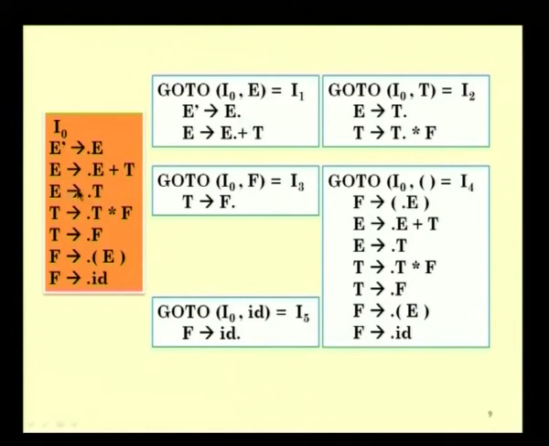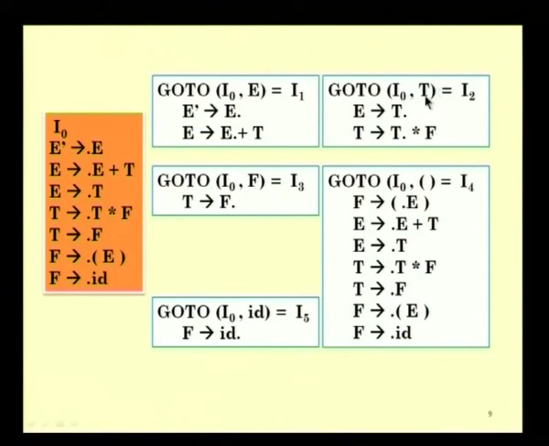The second one is E derives E dot plus T. Now we can find the closure of the first item, which is empty, and the closure of the second item, which is also empty, because next to the dot we have a plus, a terminal, not a non-terminal. That is state number 1. The next one is state number 2, which is from I naught for the symbol capital T.